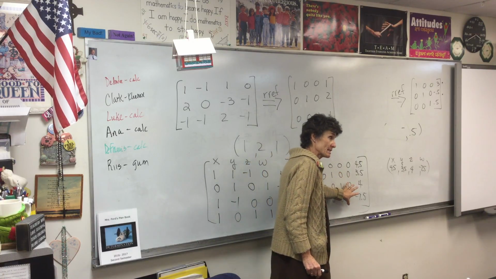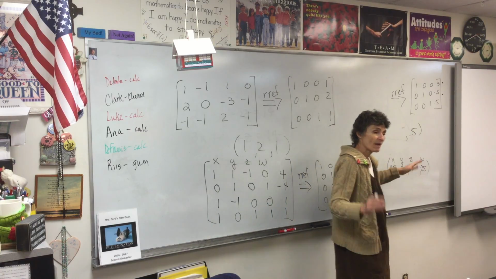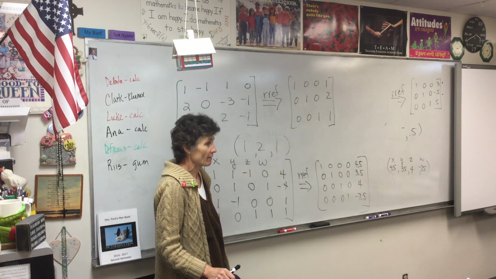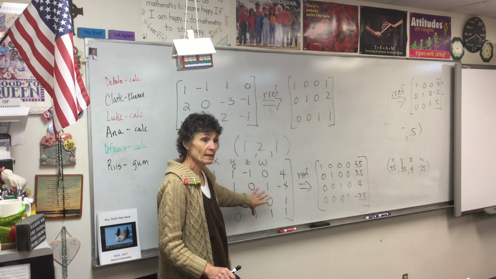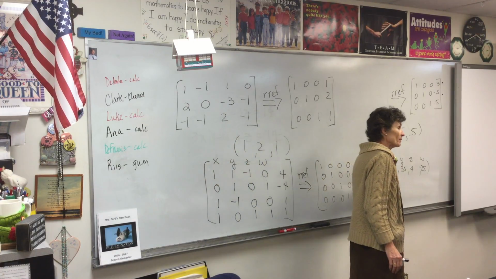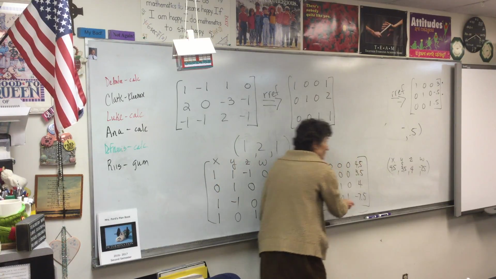I wrote down the matrix that came out. And then I wrote down my answer. That's what you have to show, Morgan. That was my question. Show me what you put in, show me what came out, and then tell me what the answer is. Okay, and this is the answer right here.